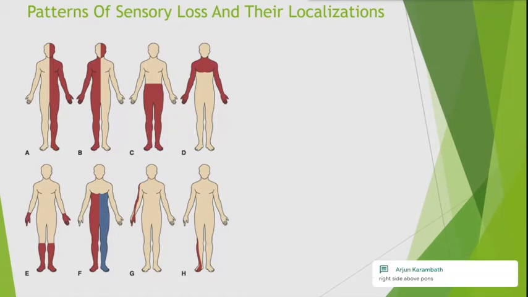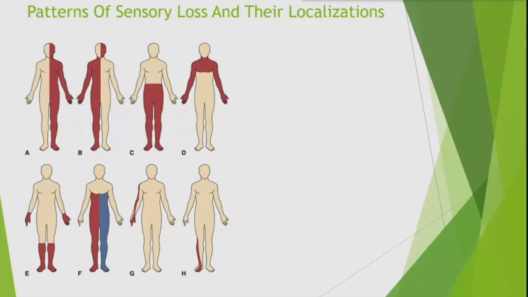It can be internal capsular lesion also. Picture B, what does it mean? Picture B is a brainstem lesion with ipsilateral findings. It can be medulla, it can be midbrain, it can be the lower pons. At upper level of pons, they get joined together.